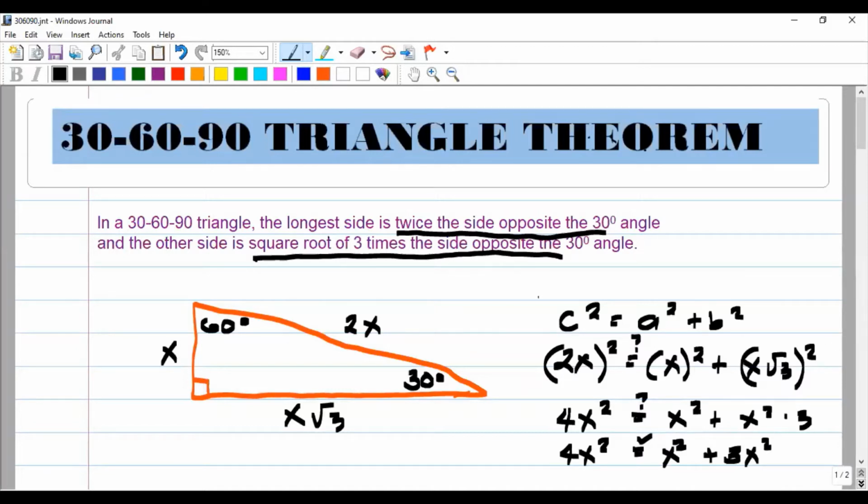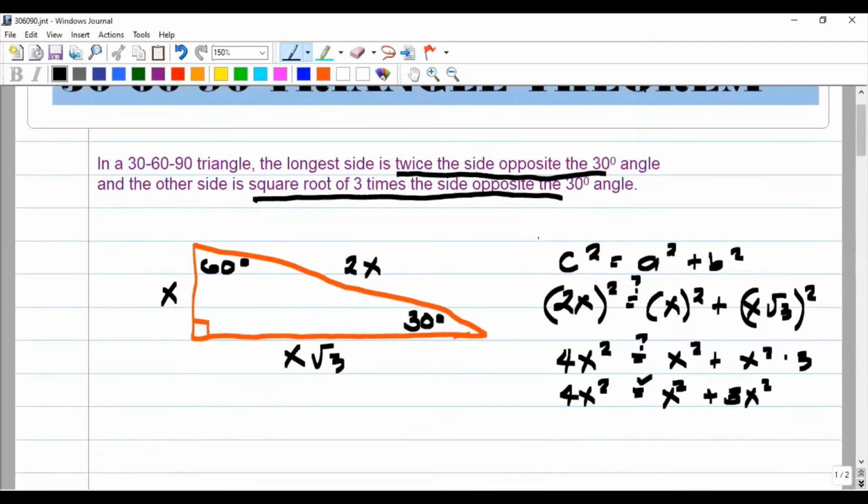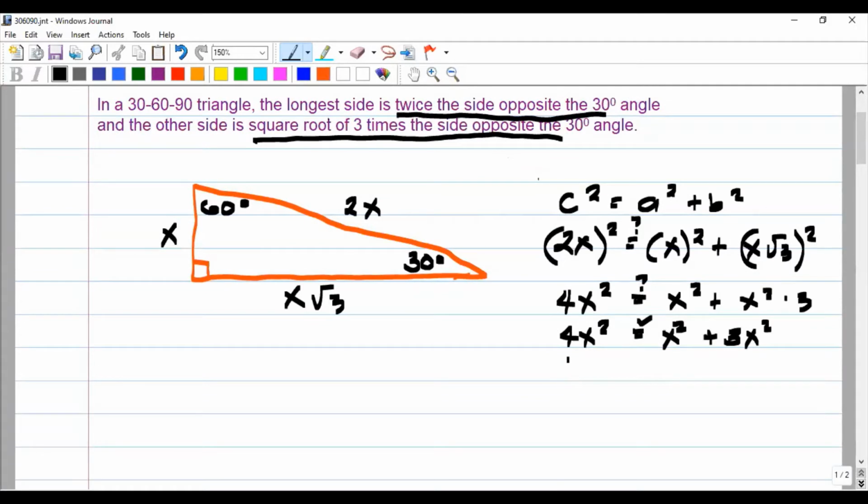And then we have 4x squared is equal to 4x squared. So the side lengths of the triangle are sides of a right triangle. We have x, 2x, and x square root of 3.